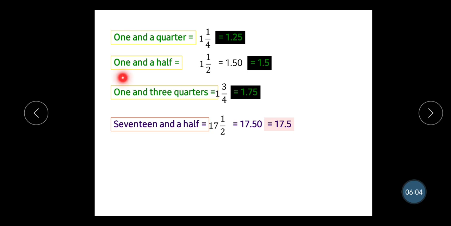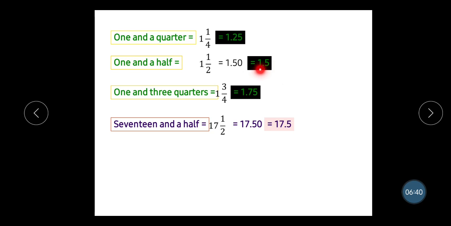Next, 1 1/2. In mixed fraction it is written as 1 and 1/2. That is equal to 1, we will write as it is. Now half is written as either 0.50 or 0.5. So 1 plus 0.50 you will get 1.50, and 1 plus 0.5 you will get 1.5. So 1 1/2 is read in decimal form as 1.50 or simply 1.5.